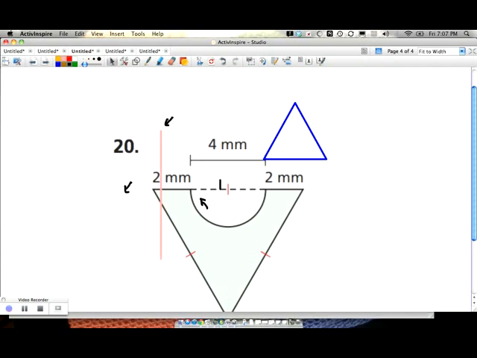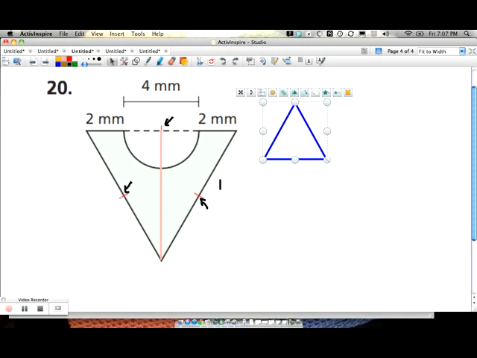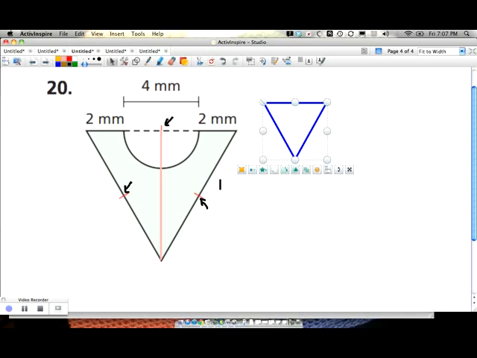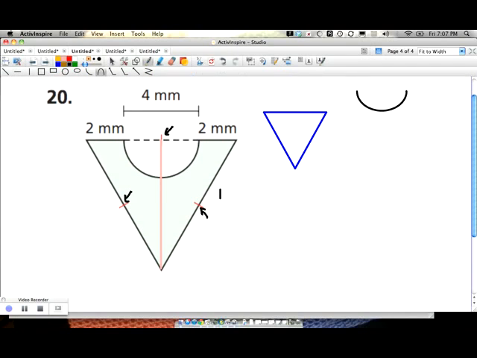There we go. I want to flip this upside down. And I also see a semicircle on the inside of it. Probably about that size.